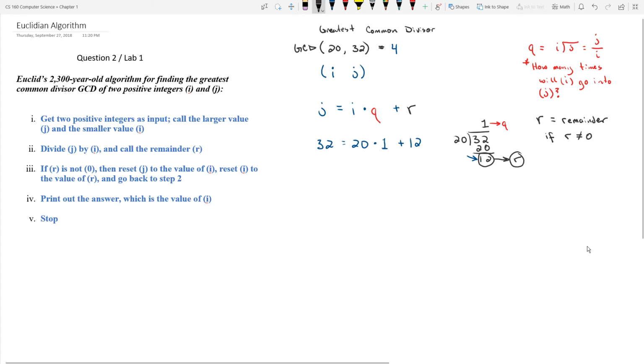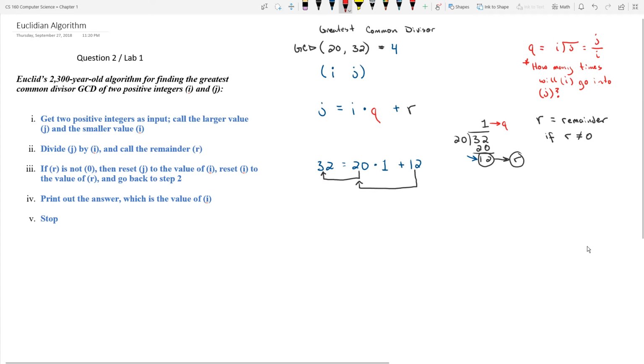Next, we're going to move I into the J position, and we are going to move our remainder into the I position. So to show this another way, let's move this back down.